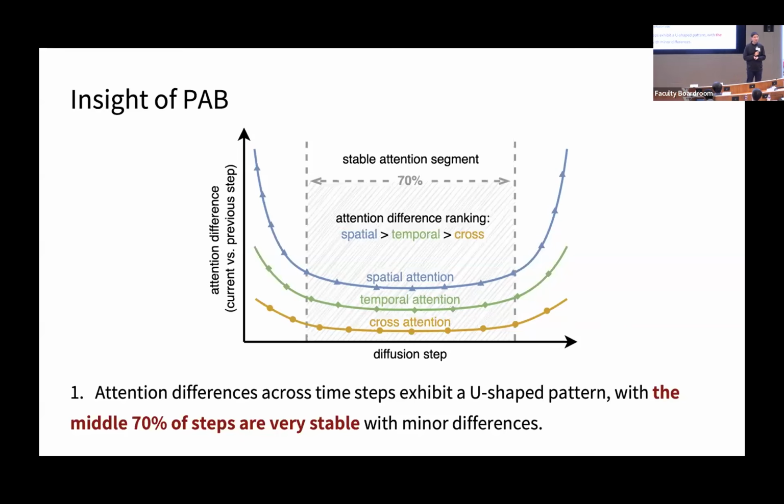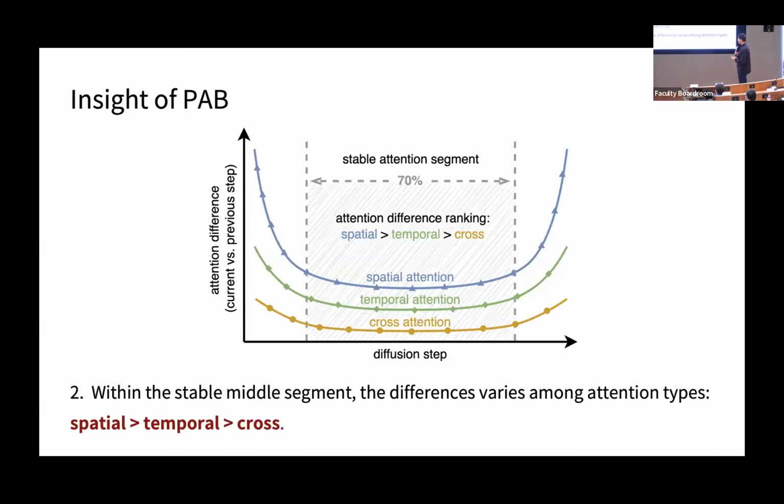Maybe from step 1 to step 15, they are changing dramatically. But in the middle 70 steps, they almost don't change, only minor changes in these 70 steps. And also, the second pattern is that the spatial attention is changing faster, and for the cross attention, almost no change, right?